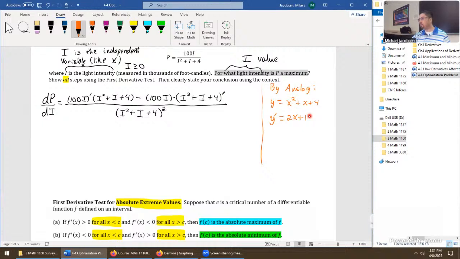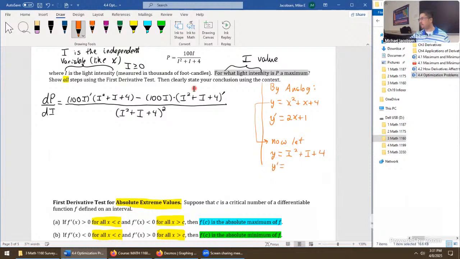Okay, so to make this analogy firm, we'll now take this part and put in the thing that we're actually interested in. Let's not call it P, that refers to the total function. Let's just call it y again, generically. Let y equal I squared plus I plus 4.